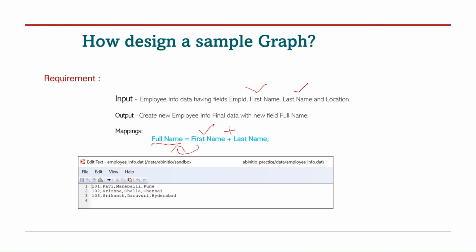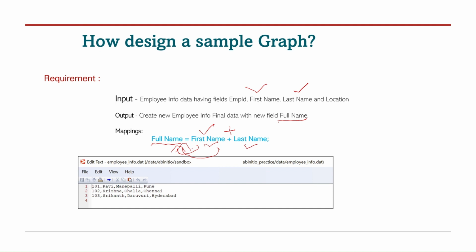In that output file, we need to keep all of employee ID, first name, last name, and location, and add one more extra field, full name. For this full name, we use our input first name and input last name, concatenate both, and copy the result into full name.